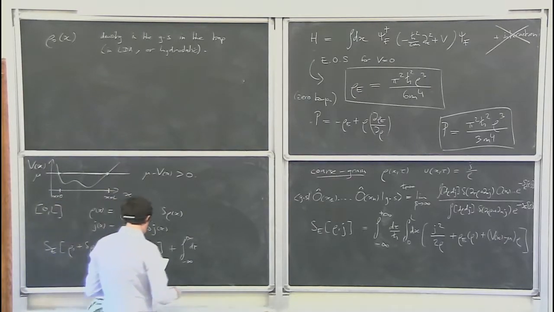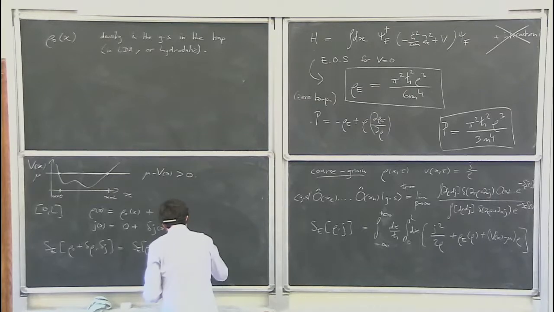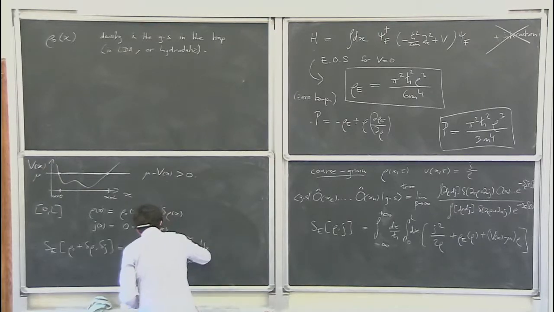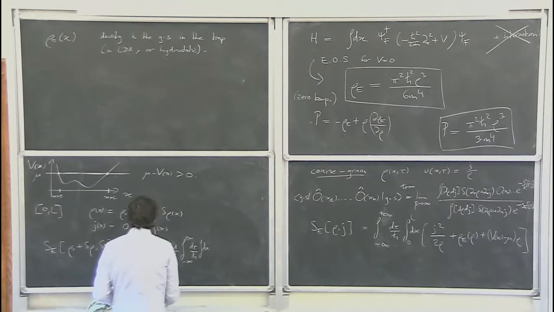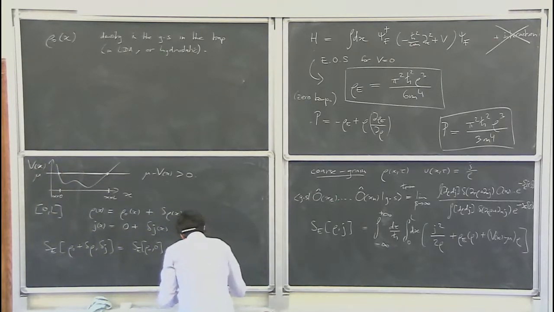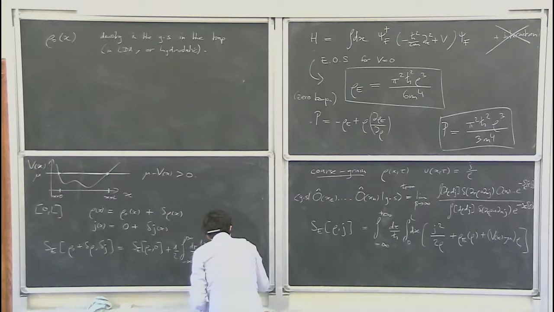Again, the first order vanishes automatically because we are assuming that rho naught is a solution of the classical equation, and then we end up with this delta rho squared.